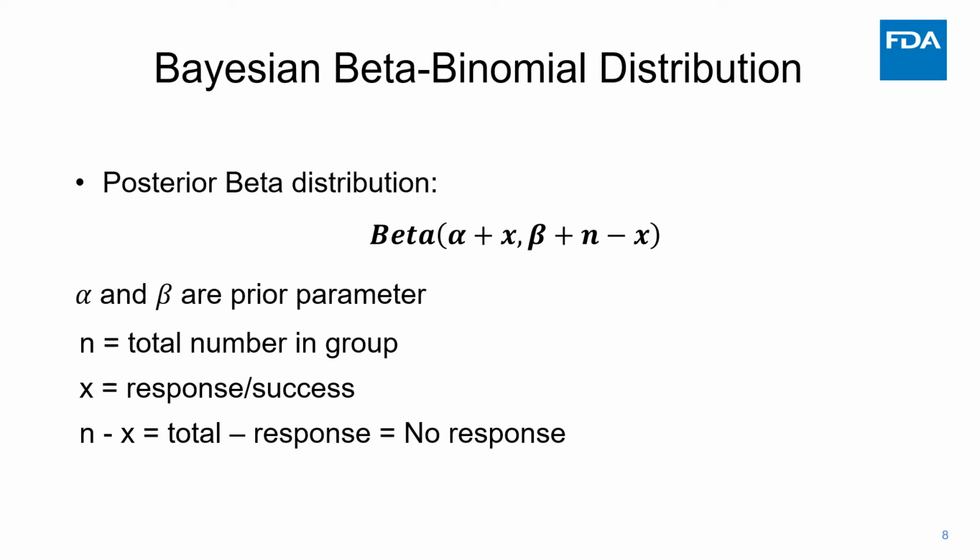So n minus x is the number not responded. Alpha plus responded, beta plus not responded.